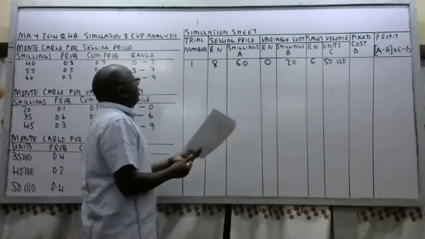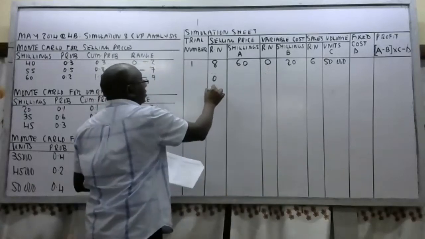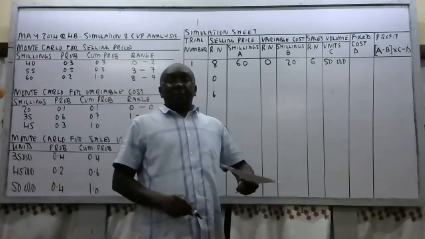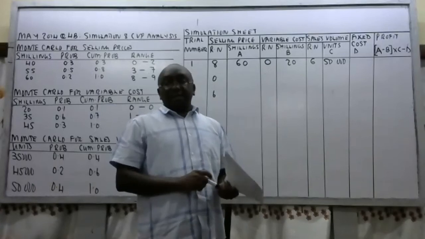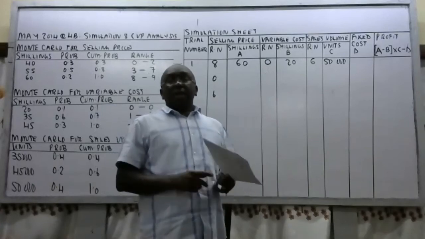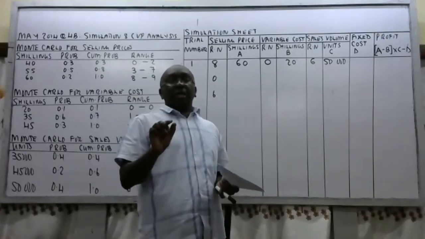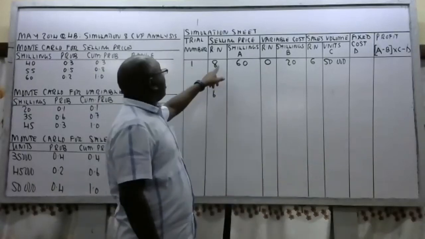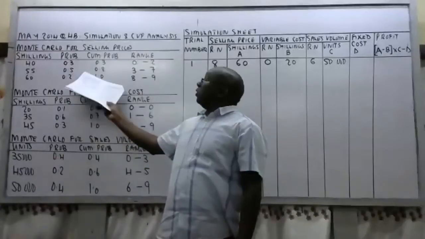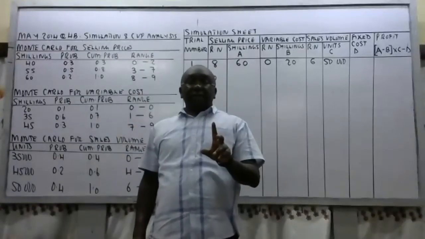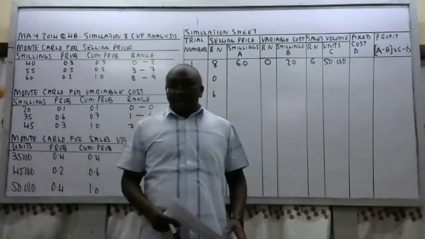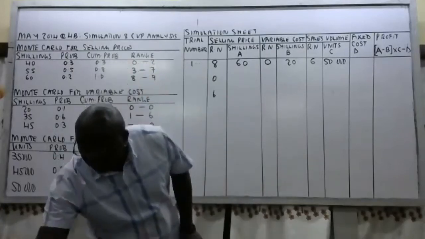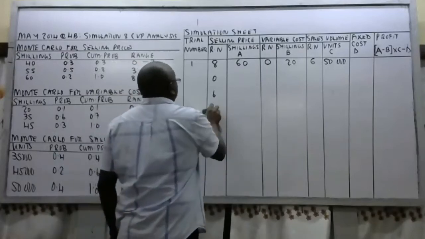Either way is acceptable, but the answers will be different and all of them are okay. Remember I've said our key thing is not to check the answer you got, but to check whatever you put there as your random number. Did you go there in your Monte Carlo and pick correctly? So in case you see someone else doing it that way or come across a book, it is also okay.